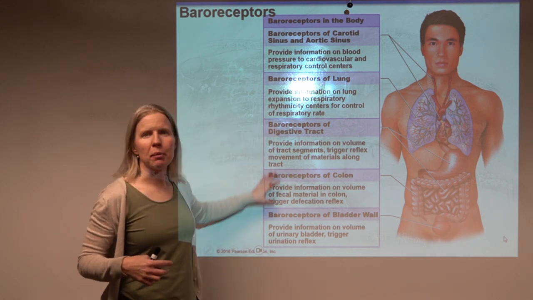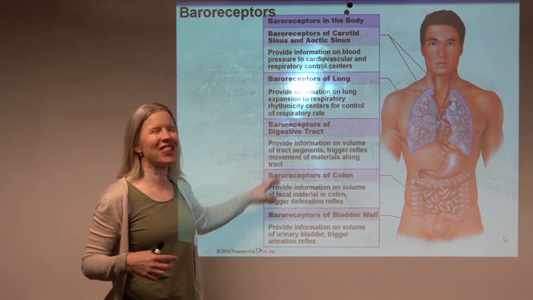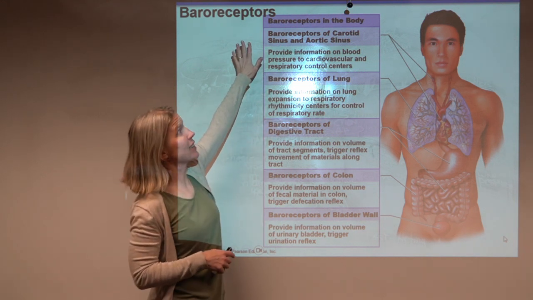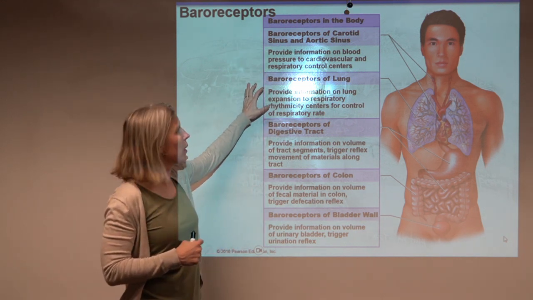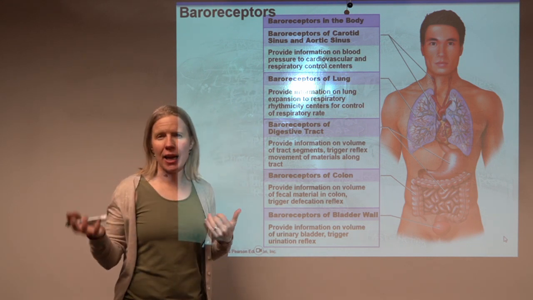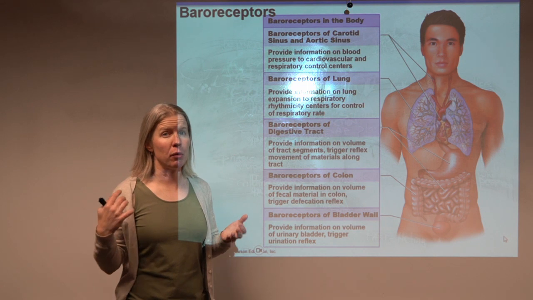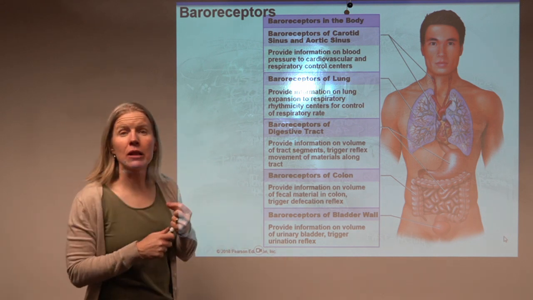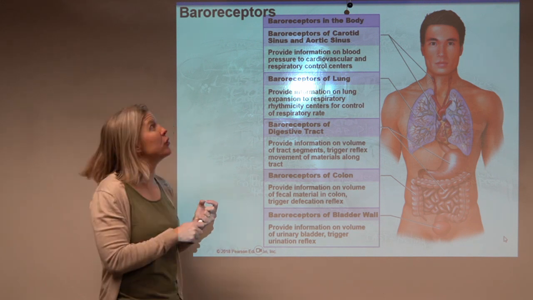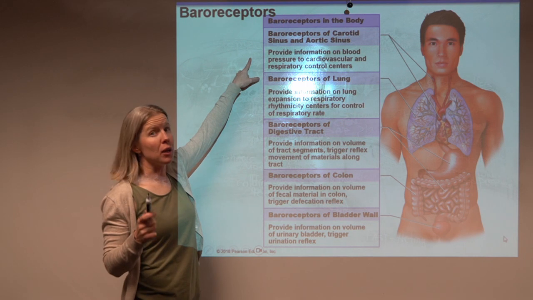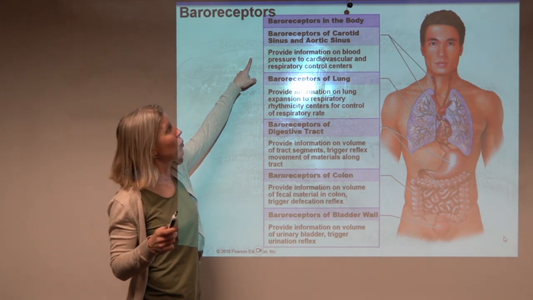Those probably enter our consciousness. Some of these other baroreceptors, ones sensing things like blood pressure or how expanded the lungs are, won't enter your conscious thought, but are super important. The ones that you'll probably see the most if you continue on in AMP2 are the baroreceptors that sense blood pressure. These are going to be some of the most important.